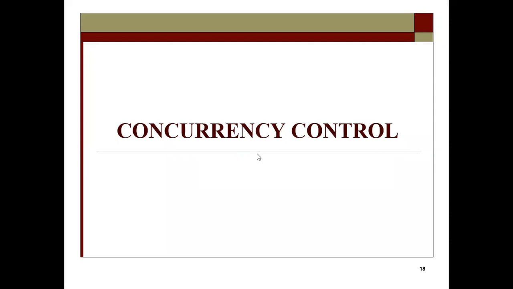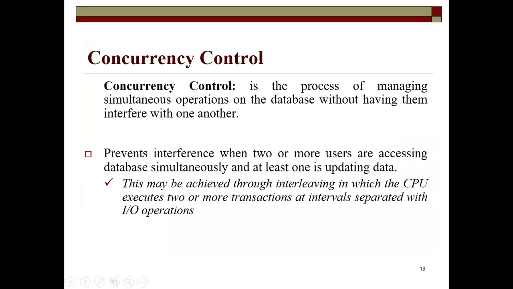So as the word is, concurrency control, here we are looking at a process of managing simultaneous operations on a database without having them interfering with each other. In other words, we have 2 or more users or applications that would like to access a database.